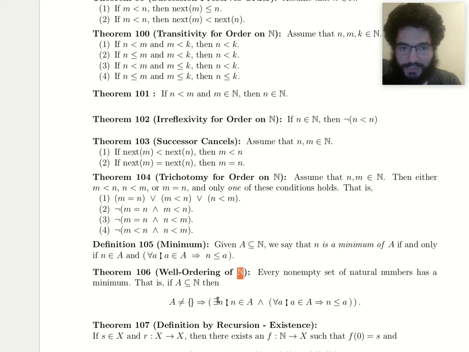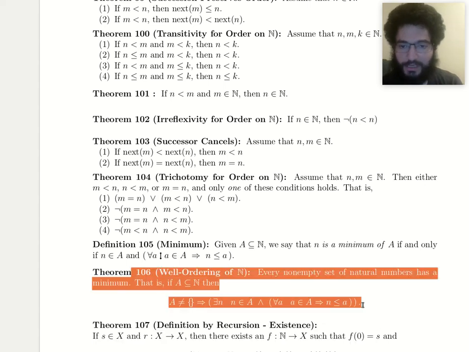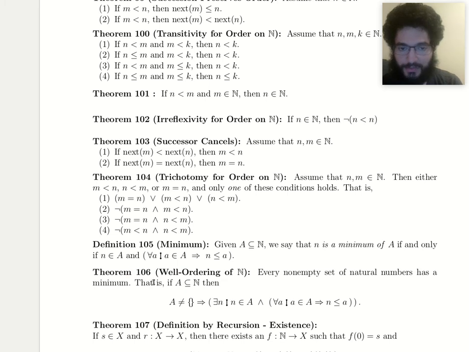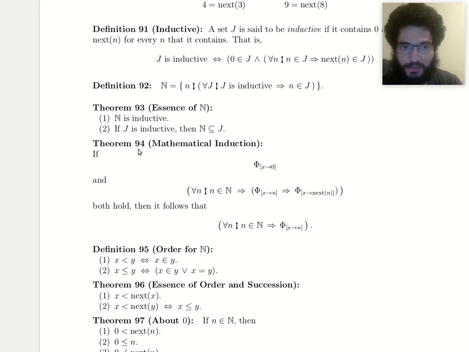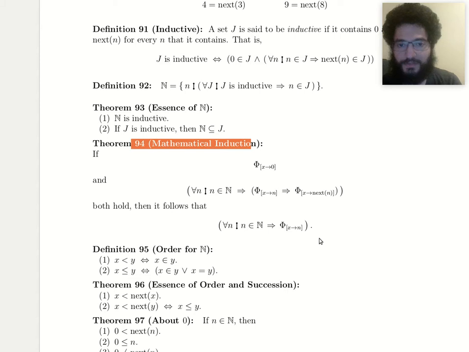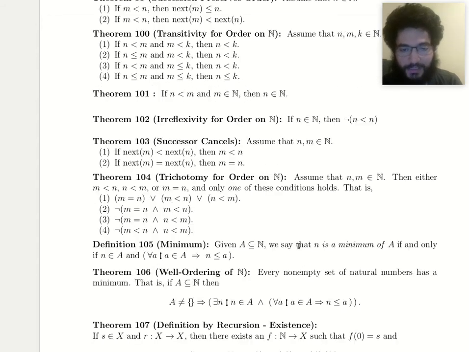And it turns out to be equivalent to induction. So people use this sometimes rather than induction. People use theorem 106 here rather than using theorem 94 often to prove things. And sometimes things are just cleaner when you use theorem 106.